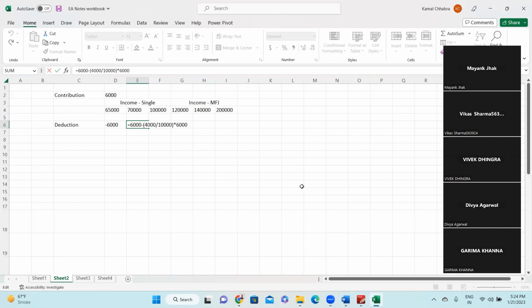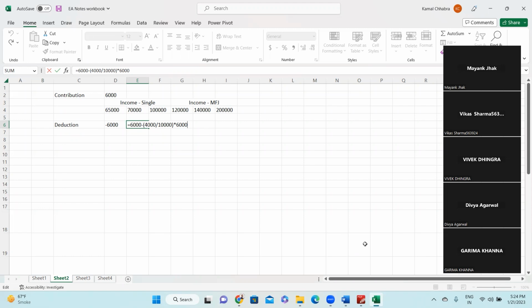Can you see the formula? Is the formula visible to everyone? Yes, sir. So your contribution is how much? $6,000. Right? And how much is your income more than the minimum limit, which is 66,000? $4,000, right?